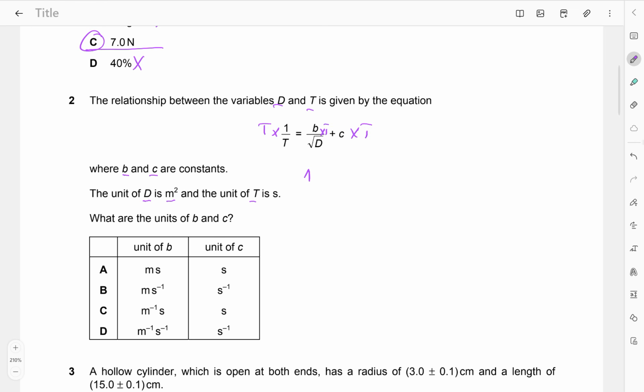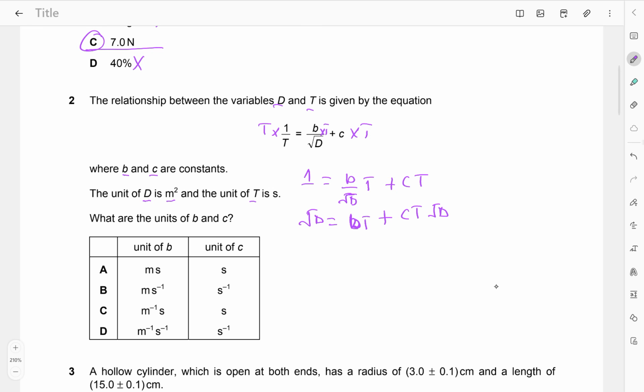So I have that 1 is equal to b over root of d times t plus c times t. Then when I multiply by root of d again, on the left hand side I have root of d is equal to b times t. Root of d cancels here, plus ct root of d.